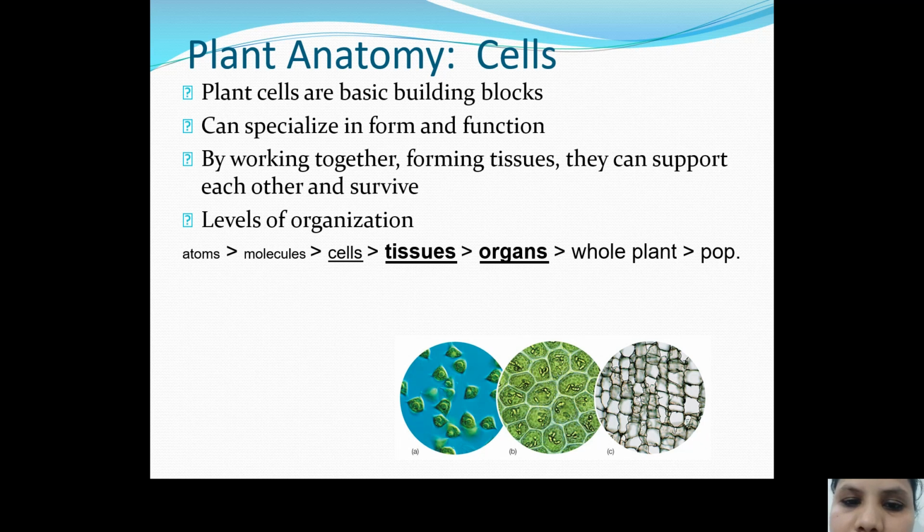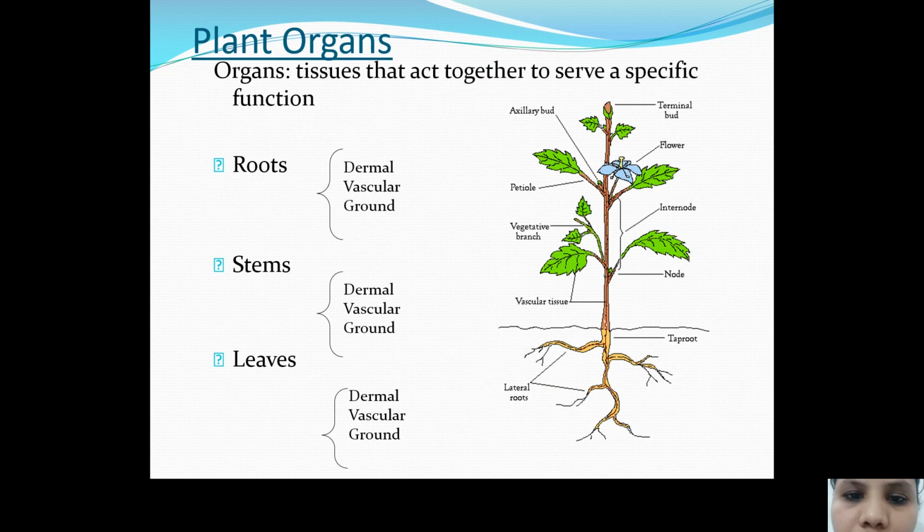The levels of organization: atoms form molecules, molecules into cells, cells into tissues, tissues into organs. The whole organs become the whole plant. Now, let's take a look at the plant organs.